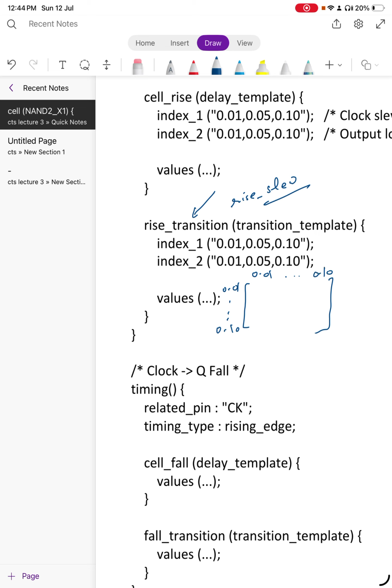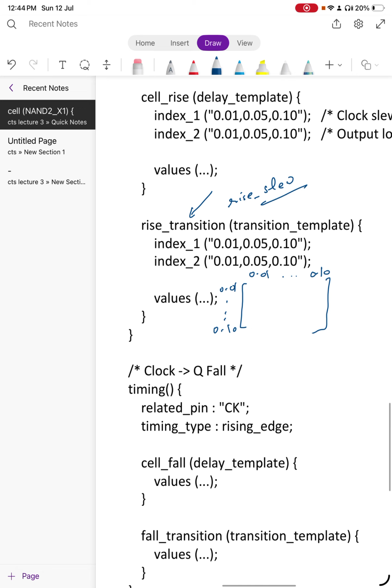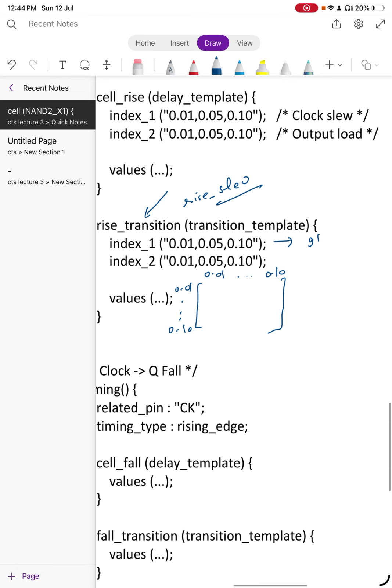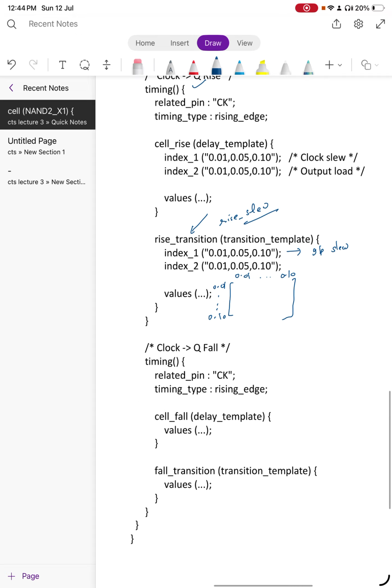It will calculate the transition with respect to this. Index one is input slew. And what is input slew?